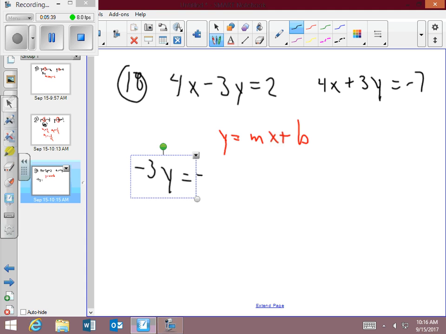This would be one. Is everyone good with that? Mildred just wanted to take that 4x, put it over on the other side. Now then, what would be the next thing you want to do? Y by itself.